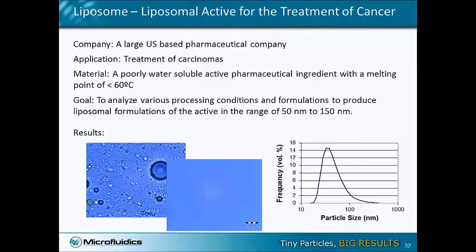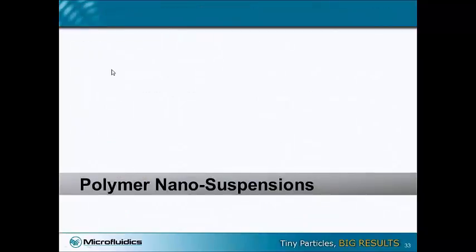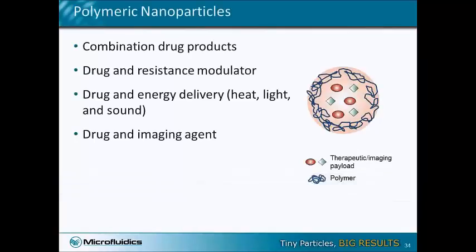My next application is polymer nanosuspensions. So polymer nanoparticles is another system that can be used as a delivery system. They're interesting particles because of the ability to encapsulate a combination of different drug products. You can imagine you can capture more than one type of drug inside the matrix.